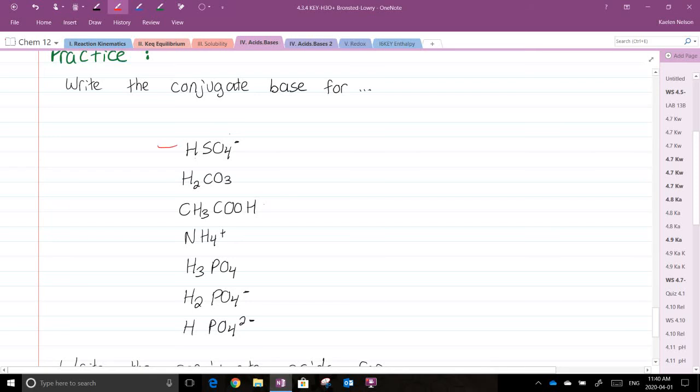Well, the first thing I want you to recognize is that this guy is amphiprotic, which means I started you out with a difficult one. If it's amphiprotic and it wants you to write the conjugate base, it means that this is an acid. So I'm going to label this entire column acid so that we remember. So amphiprotic, but the question tells us that it's going to be an acid.